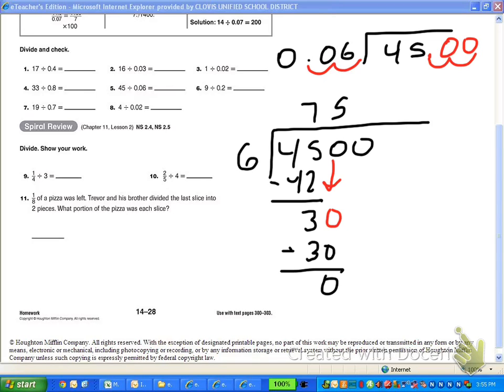If I leave it at 75, the answer is wrong, because 75 times 6 is 450. I have 4,500. So I'm going to bring down this other 0. 6 into 0 goes 0. So my answer is 750. So make sure you use up all the numbers and you keep them aligned right on top of each other.